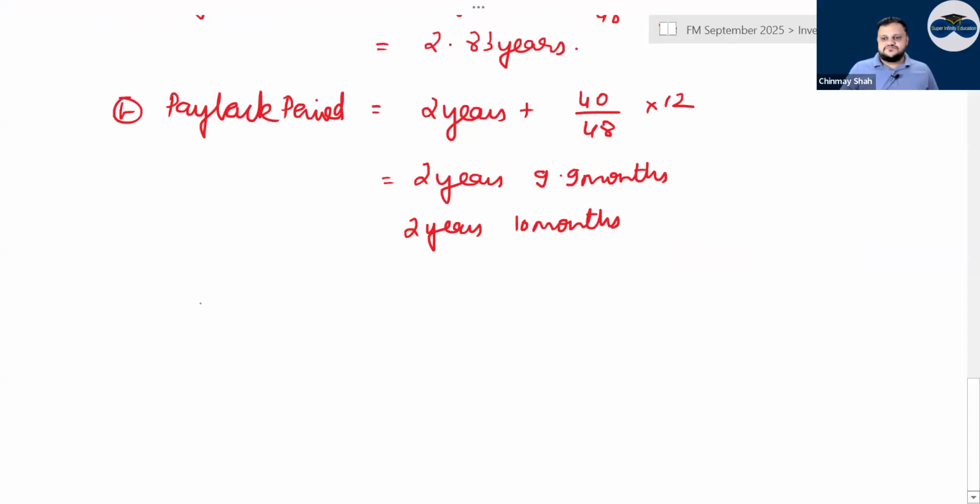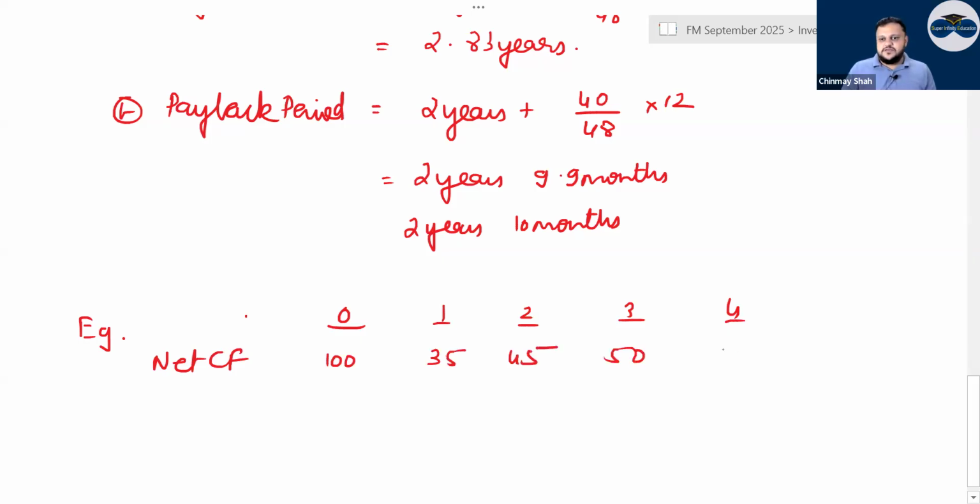आ जाओ. Write down example. Net cash flow. 0, 1, 2, 3, 4. Correct? 100, 35, 45, 50, 30. Correct? इधर ही अभी I am doing directly cumulative cash flow. Correct?